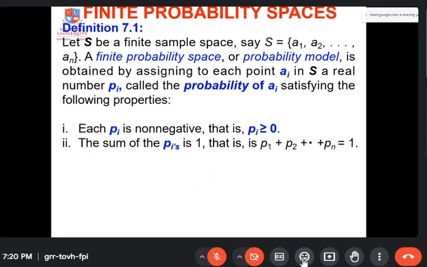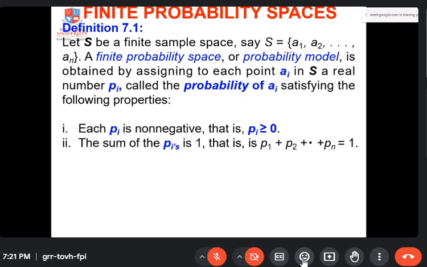And when you add up all the probabilities of each of those points, you get a 1. Like in the case where we have 6 points, the probability of having a 1 plus the probability of having a 2 plus the probability of having a 3, when you add up all those probabilities, the sum is a 1.